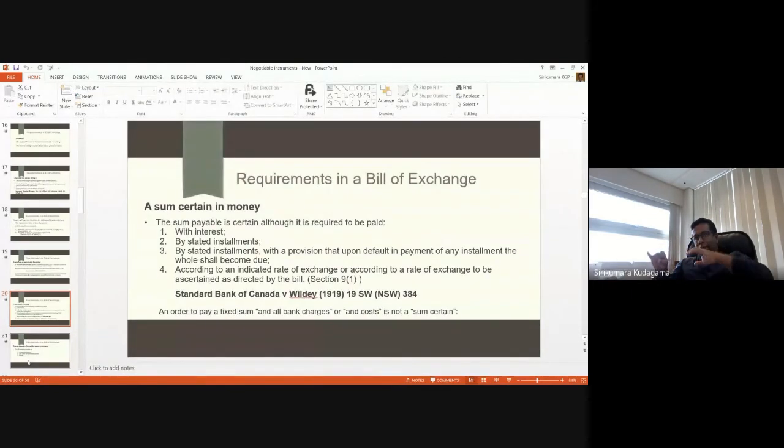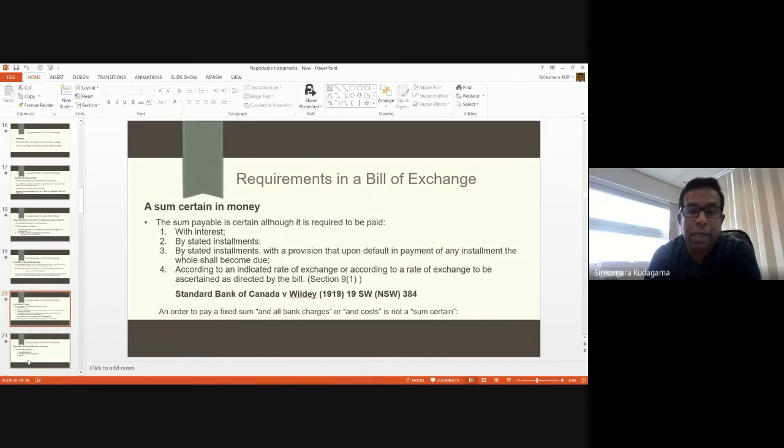So someone is drawing a bill addressed to another in writing, asking that person to pay on demand or at a fixed or determinable future time. What? A sum certain in money. It should be a sum certain in money.